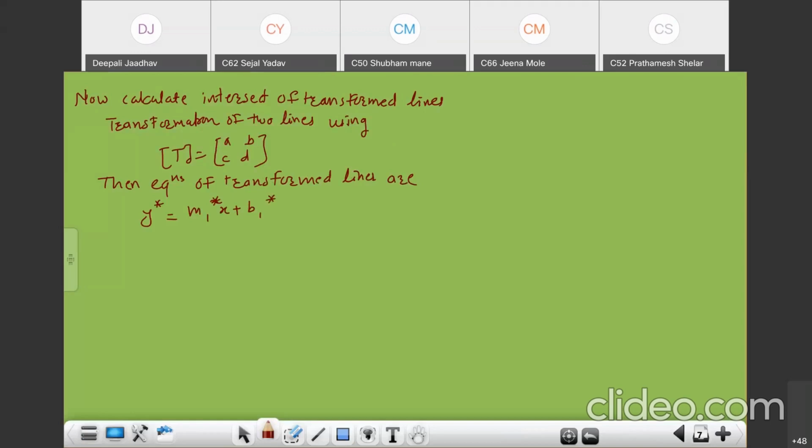Now everywhere we use the asterisk, indicating that this is the equation of a transformed line.